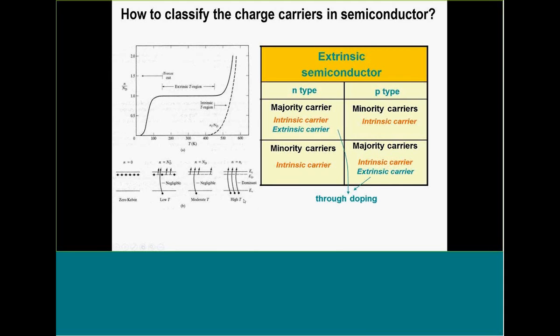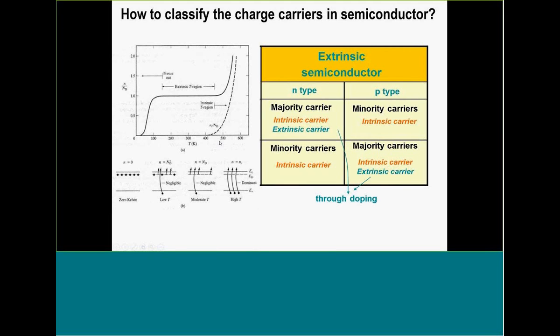But at a very, very high temperature, it's dominated by the electrons in the valence band, because they have sufficient energy now to move to the conduction band. The one before, most of it at the dopant level, has already been ionized. So only at high temperature do they have sufficient energy to go across this band gap.